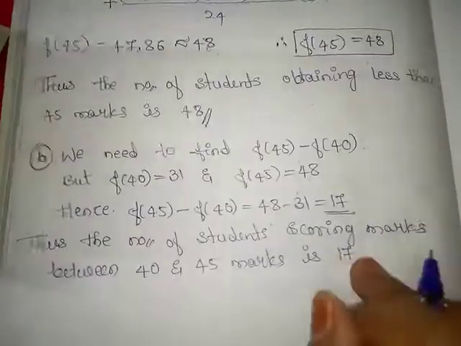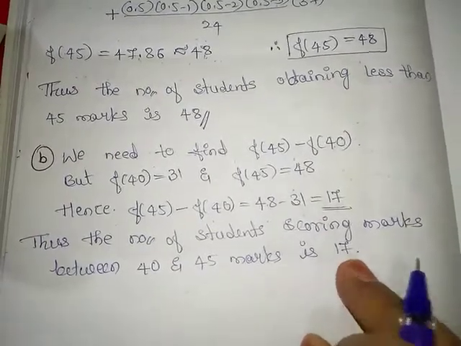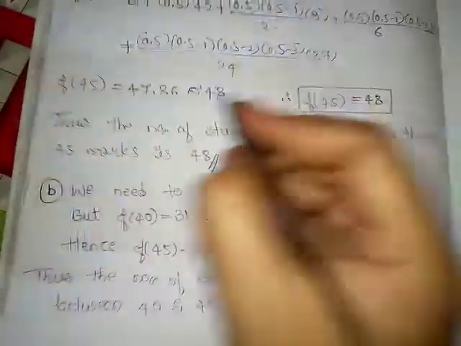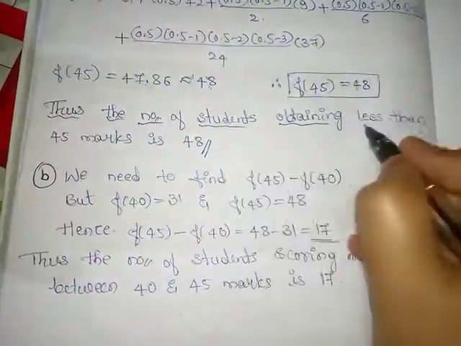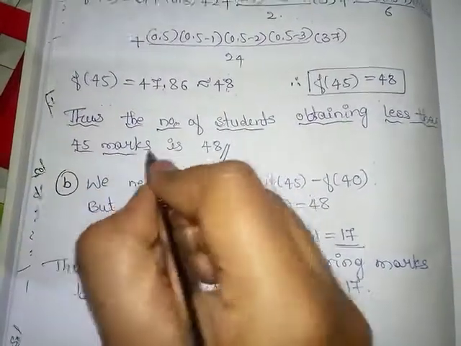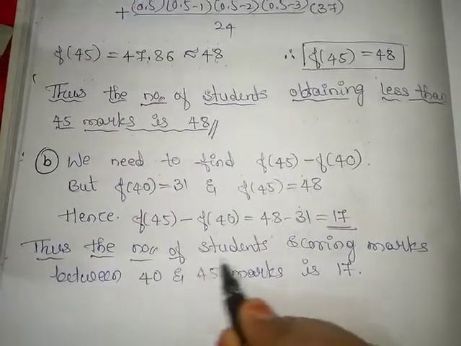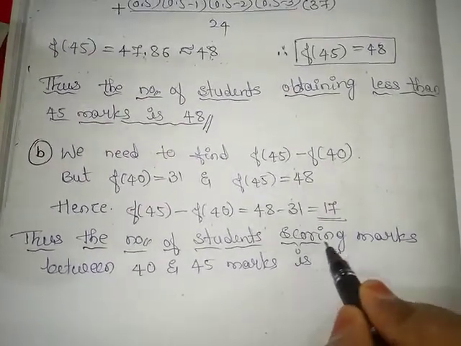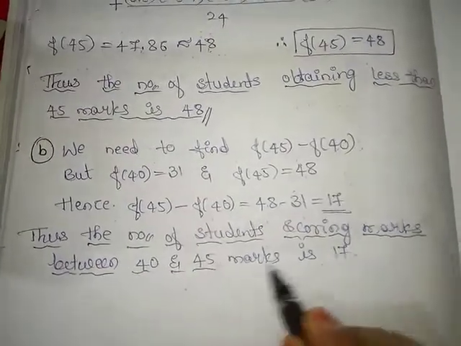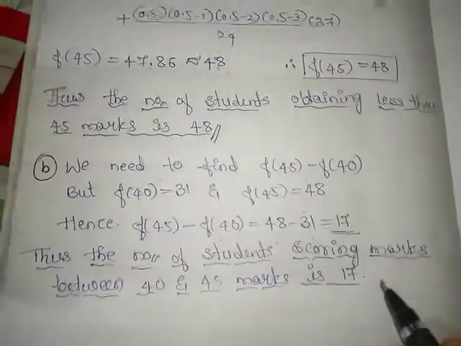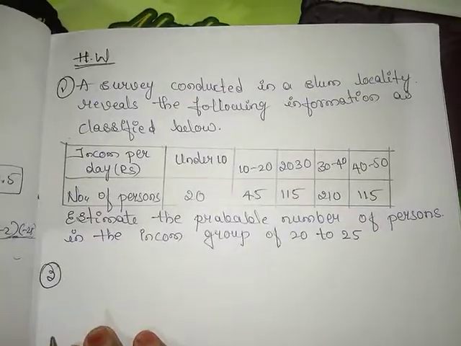Means 17 students have marks between 40 and 45. Just highlight this conclusion. This is how you have to first change the given grouped data to ungrouped data by identifying the given situation in the example. Homework examples.